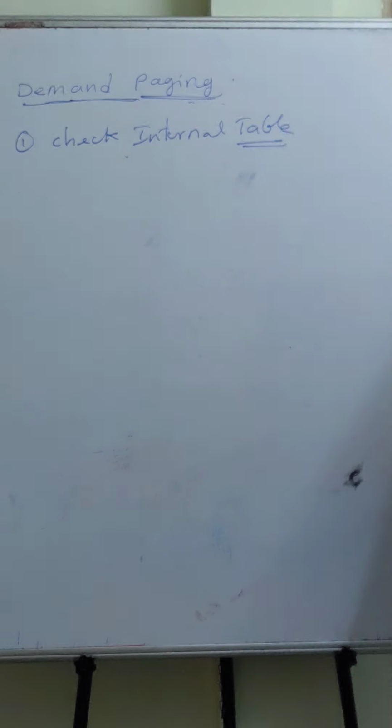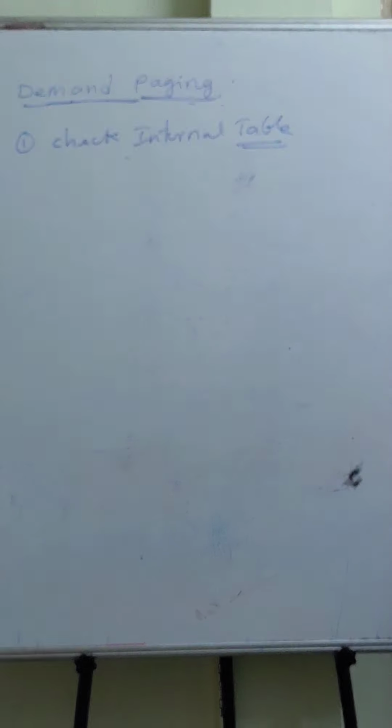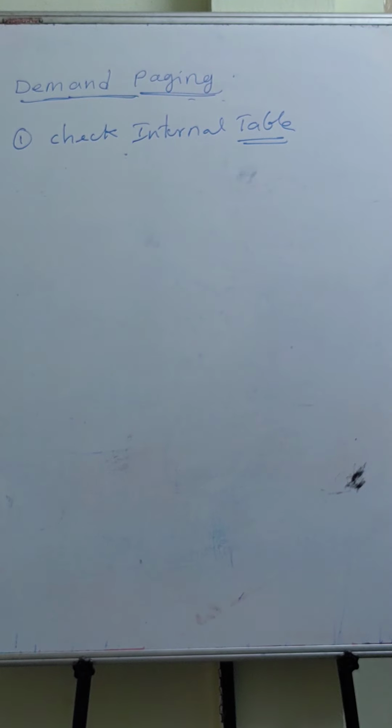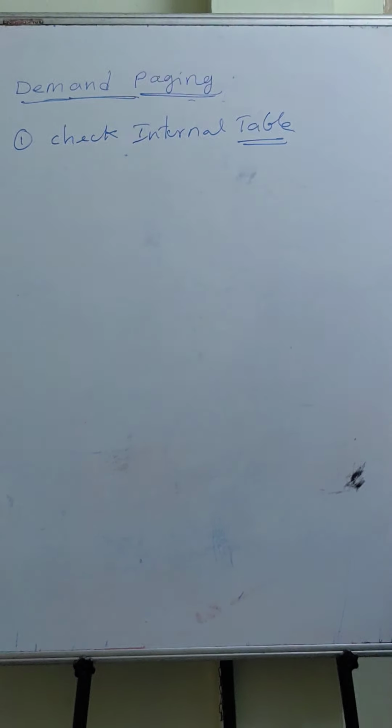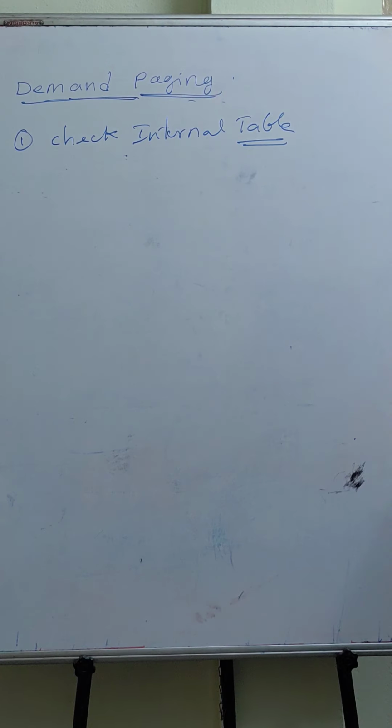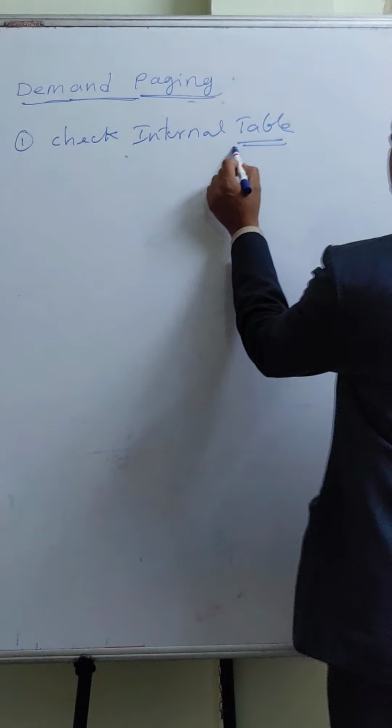What is this internal table? Every process has its own process control block for this process, to determine whether the reference was a valid or an invalid memory access. Okay, what does it mean?